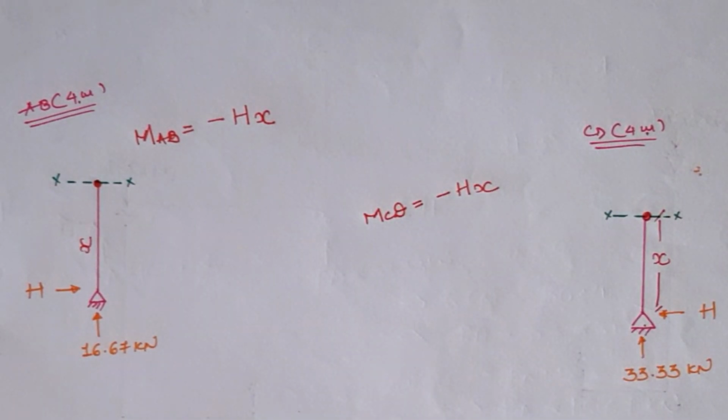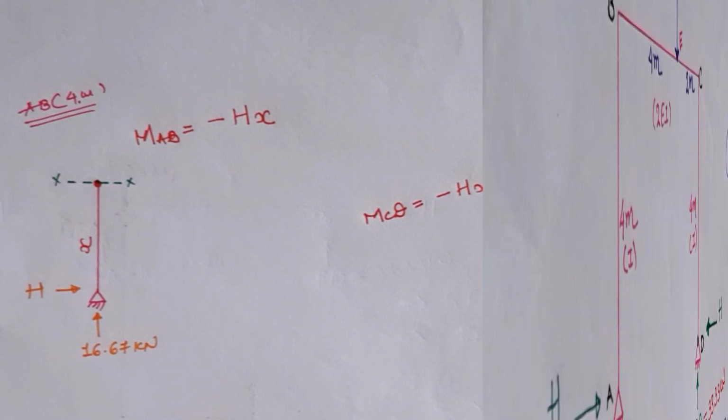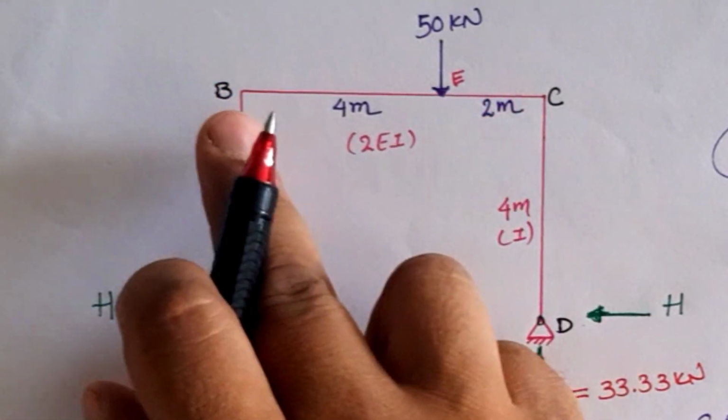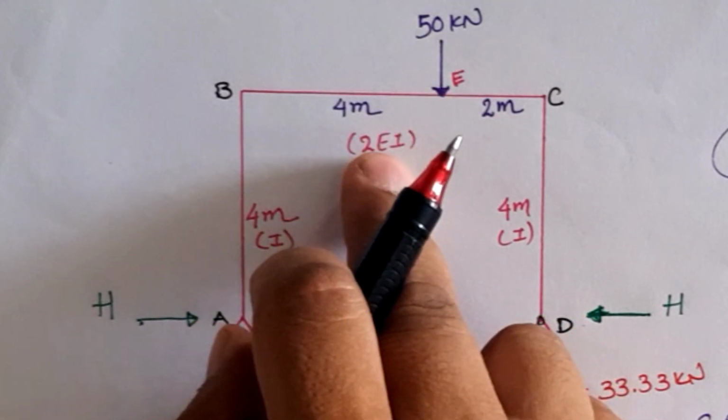Now going ahead to the next segment, from the given span we have B to E of 2EI.